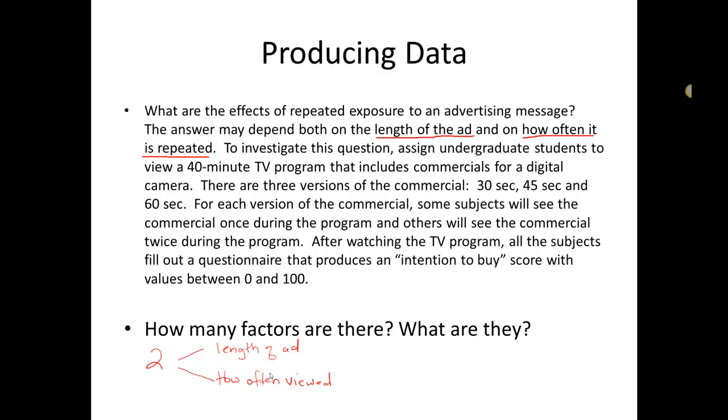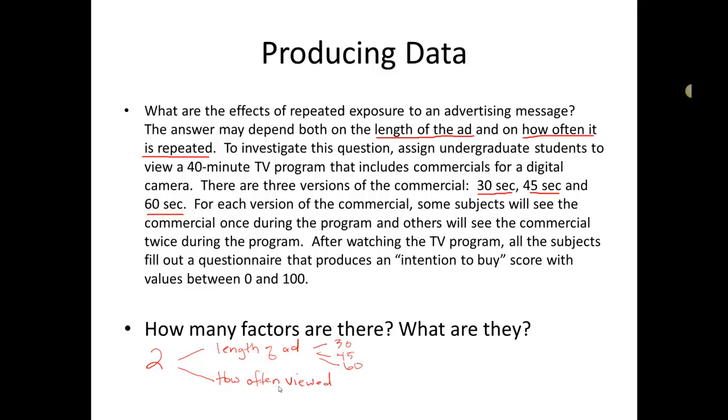But in order to actually execute the experiment, then we have to choose specific levels of these factors to include in the experiment. So for the length of the ad, they looked at 3 different levels. They looked at 30 seconds, 45 seconds, and 60 seconds. So the factor length of the ad has 3 levels, which are 30 seconds, 45 seconds, and 60 seconds.